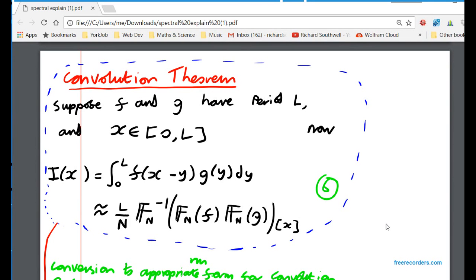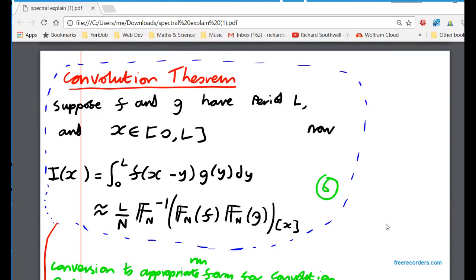But anyway, we're saying that we want to know what this function does for the x between 0 and L, for all of them.